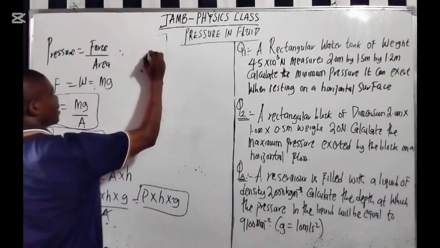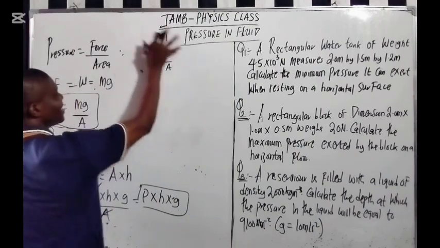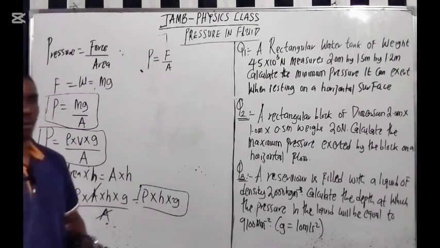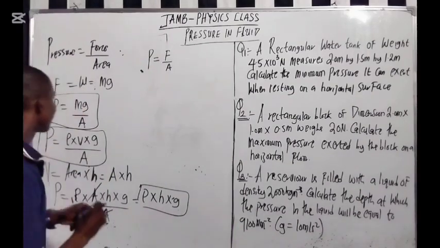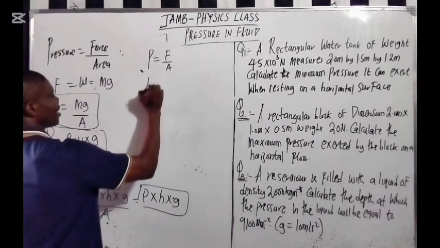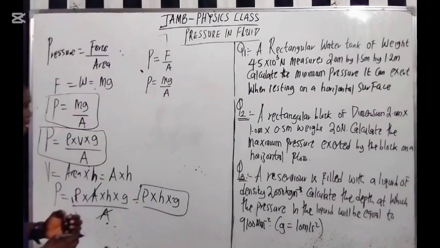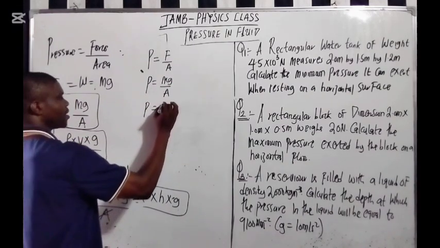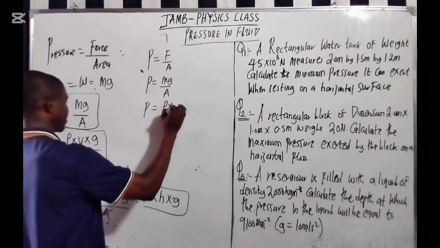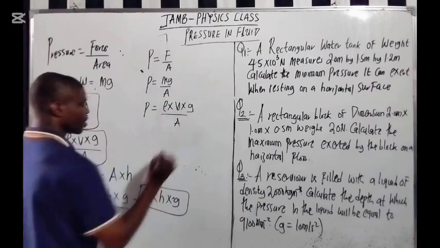So the first one is P equals force over area. This is the formula for the pressure of a liquid. Do you understand? Next one is P equals mg over A, right? Therefore, from here we got P equals the density times volume times g over A. Can you see that?